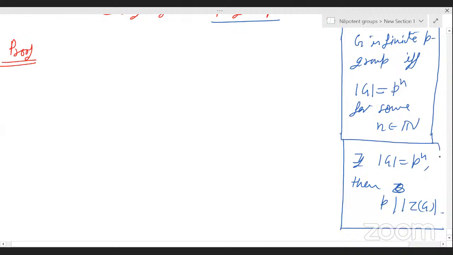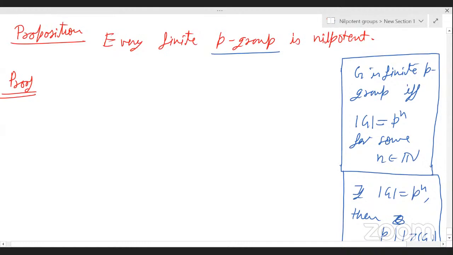This is another result which you can obtain with the help of group action or by the class equation. I'm not going to prove this result, but you may see it in the book which we have referred. I will use this fact to prove that every finite p-group is nilpotent.